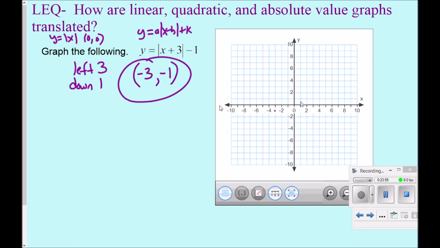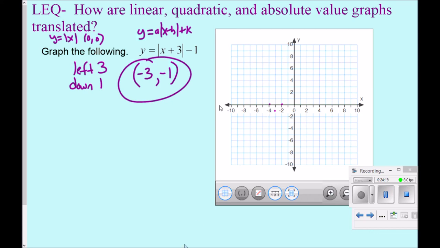So I'm starting at (1, 1), and I'm again going left 3 and down 1 from the point (1, 1). So left 1, 2, 3, and down 1. There's my point. And now I'm going to the other point at (-1, 1) on the original graph, y equals the absolute value of x. And I'm going left 1, 2, 3, and down 1, and I'm putting the point there.